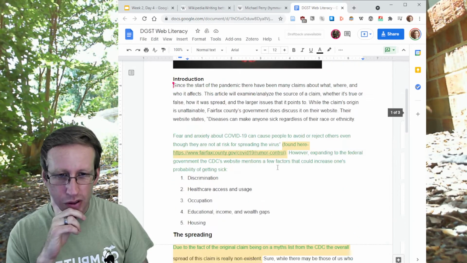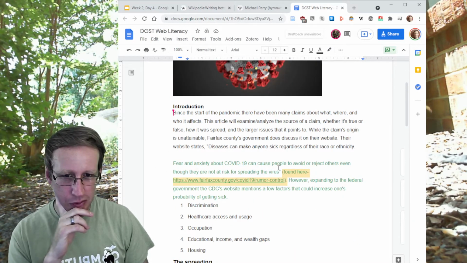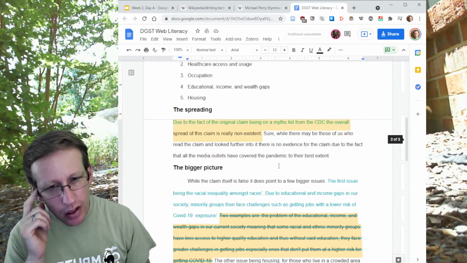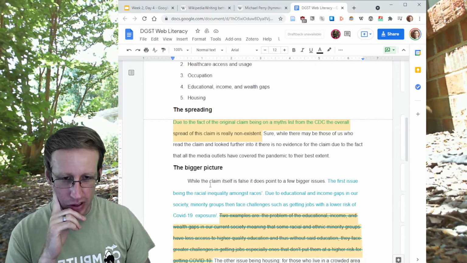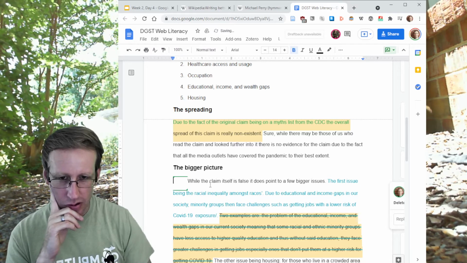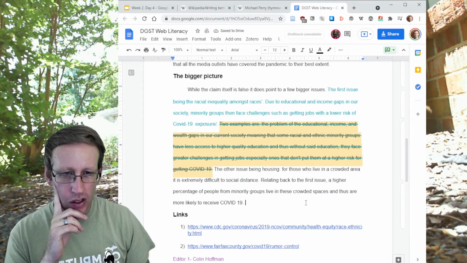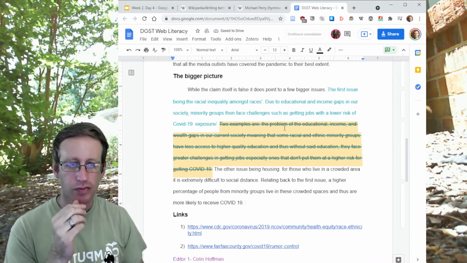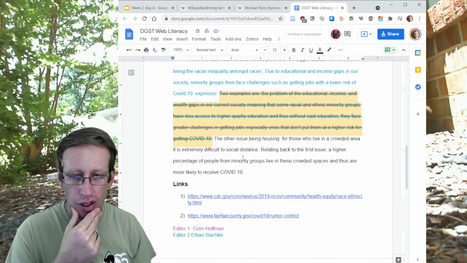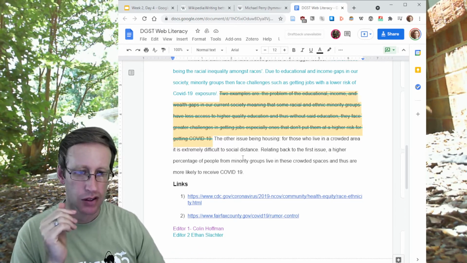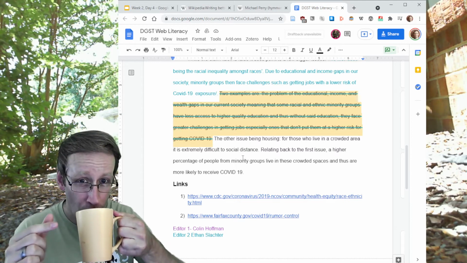Okay, so your claim is actually sort of complicated, so it's pretty interesting to look at what your evidence is going to be. Okay, yeah. So if you're on the document right now, you can also accept that change if you want to.